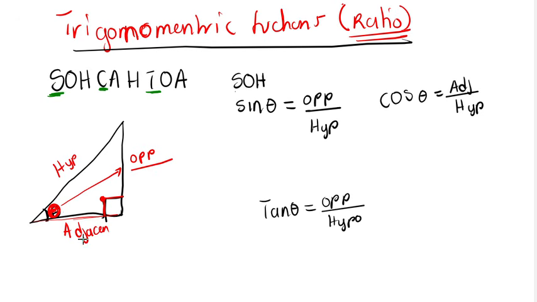So we have opposite, adjacent, and hypotenuse. So when you see sine, it is opposite over hypotenuse. When you see cos, it is adjacent over hypotenuse. Then when you talk about tan, it is the opposite and the adjacent. So these are the main things that you need to take note of.